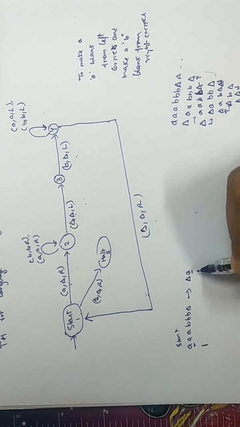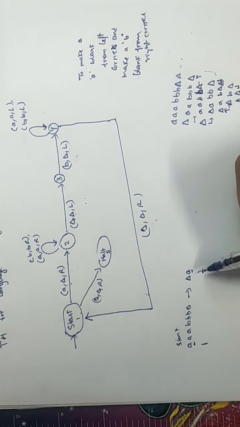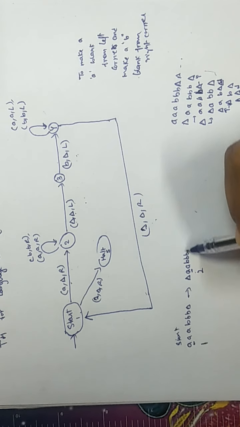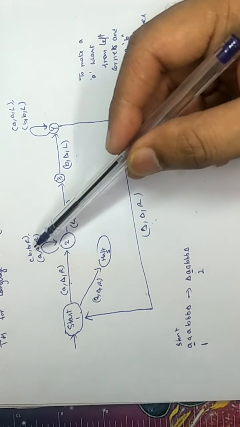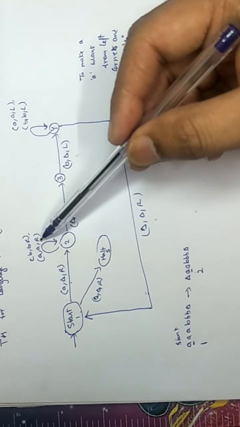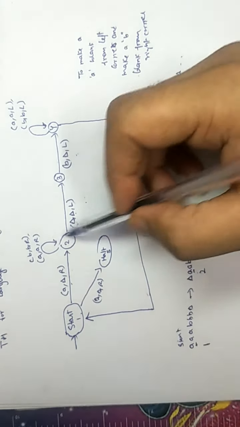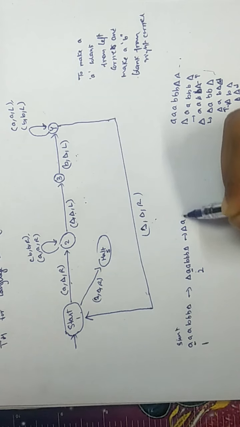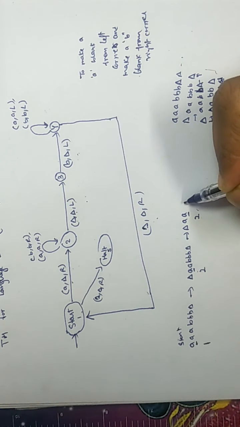Now the cursor is here and we reach state 2, and the input remains as is. Now at state 2 we read A and convert this A into A only, we are not changing it, and moving to the right we remain at state 2.